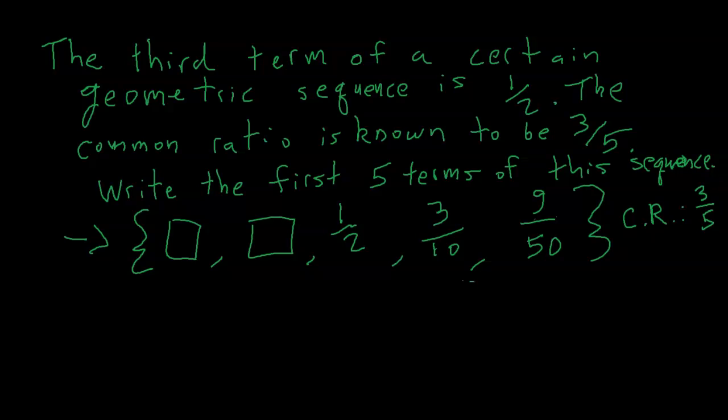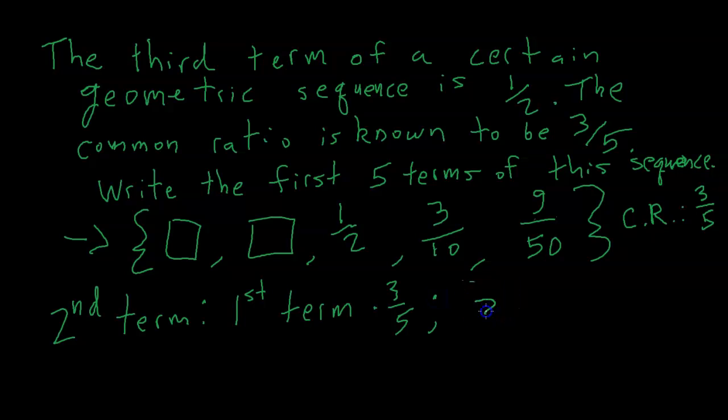If we know our first term, we get our second term: our first term times 3/5. And then our third term is our second term times 3/5.